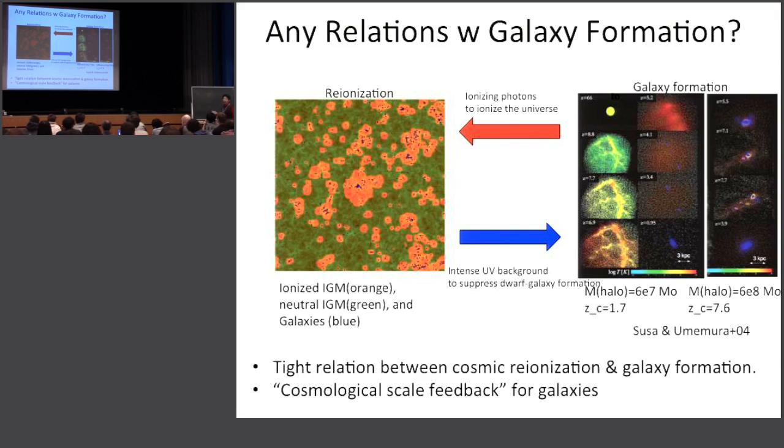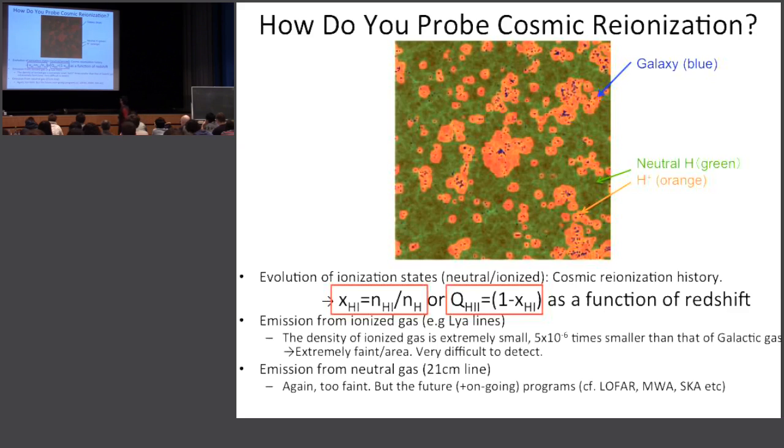Of course, many of the ionizing photons are produced in galaxies. So maybe you can say this process is a kind of cosmological-scale feedback. Galaxies emit ionizing photons, such photons come to other galaxies, and their star-forming activities are suppressed. And then the question of cosmic reionization is the history of the reionization.